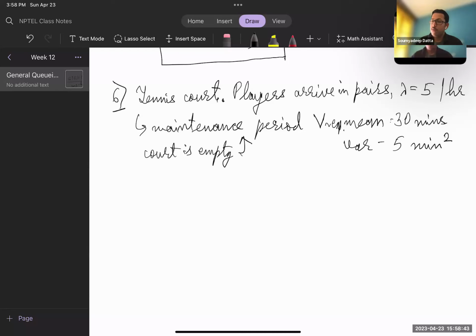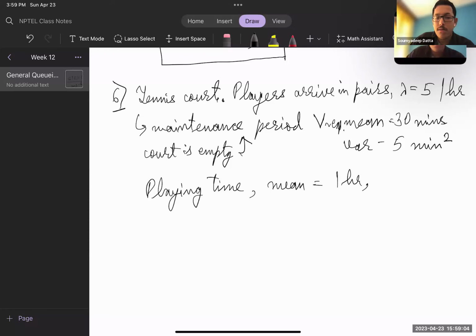And the playing time for players, again, the only thing we know about it is that it has mean of, let's say, something like 1 hour, and variance is 10 minutes, let's say, right?